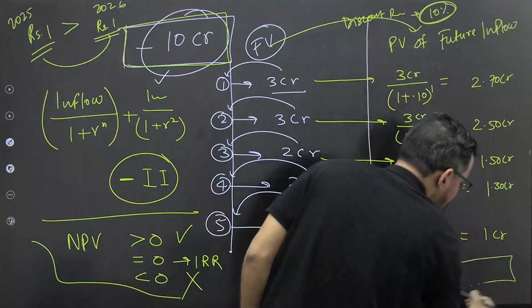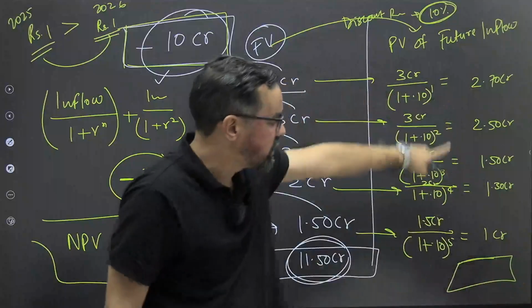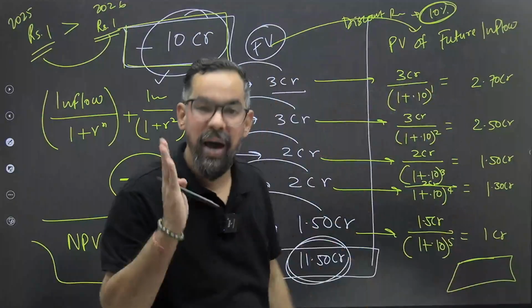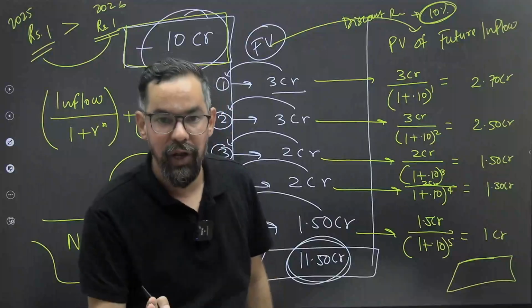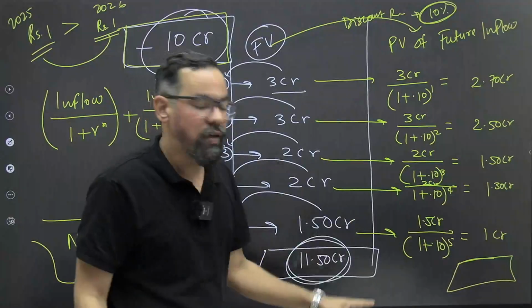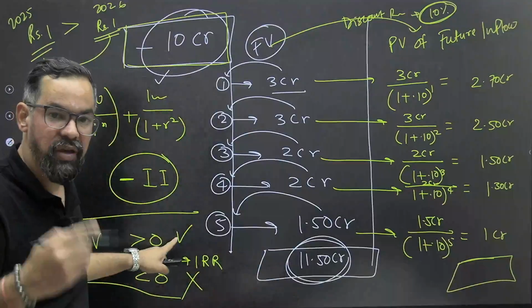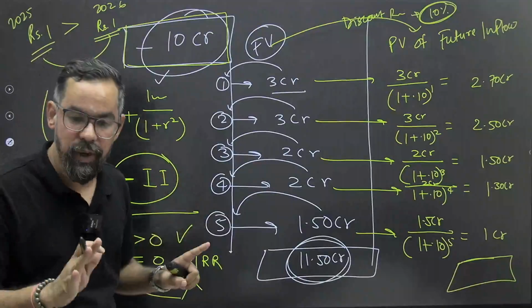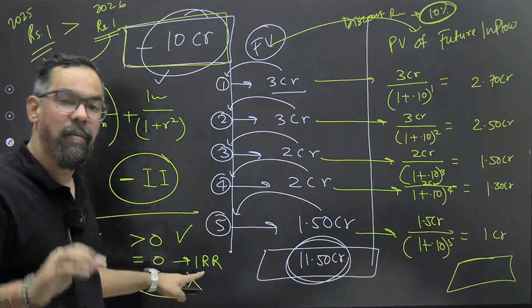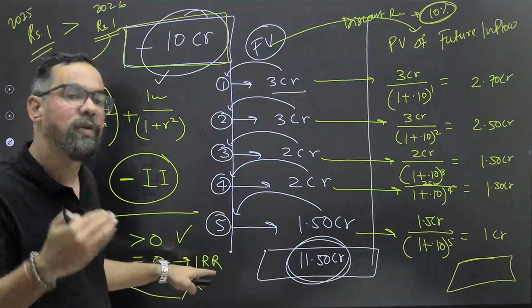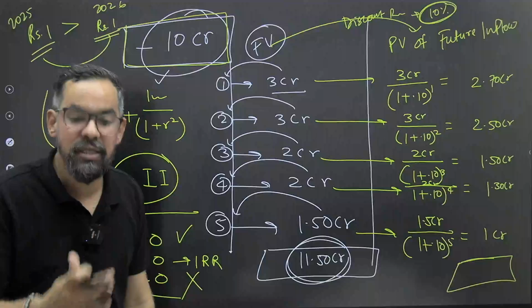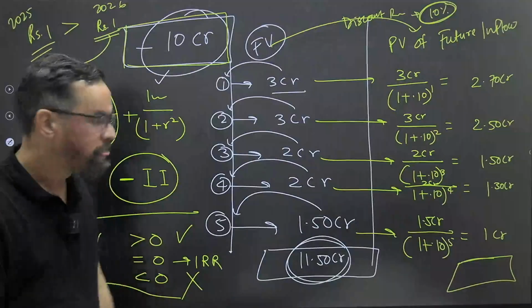Now if the total of this minus the initial investment, which is 10 crore, is positive, greater than 0, you should accept this project. If it is equal to 0, then you have to apply the IRR method, and if it is less than 0, you have to reject this project.